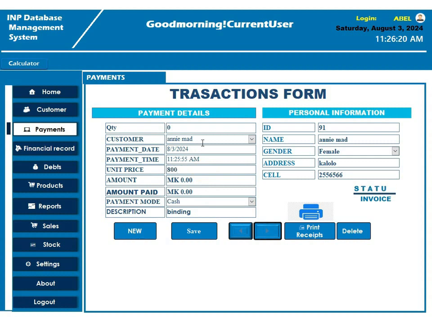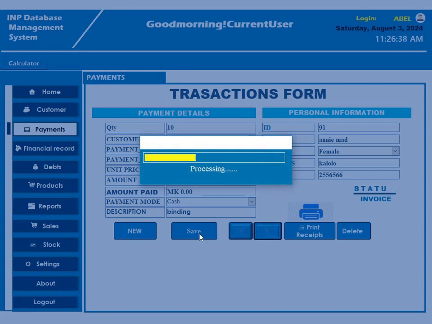Unit price, that's 800, multiplied by 10. So you can see that the total amount is 8,000 for binding. So you also save.